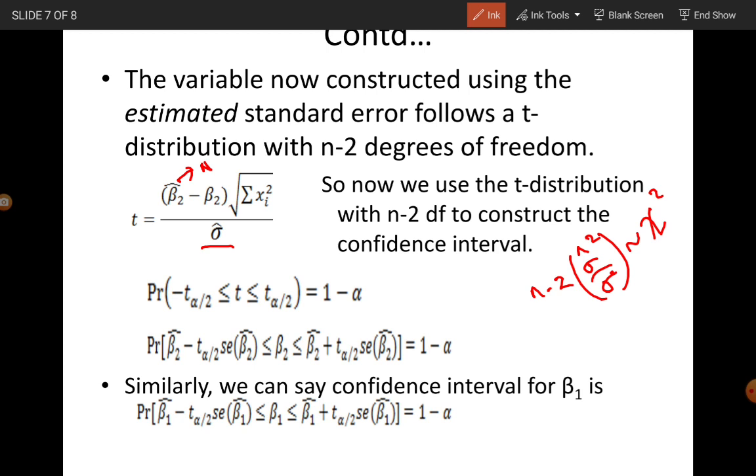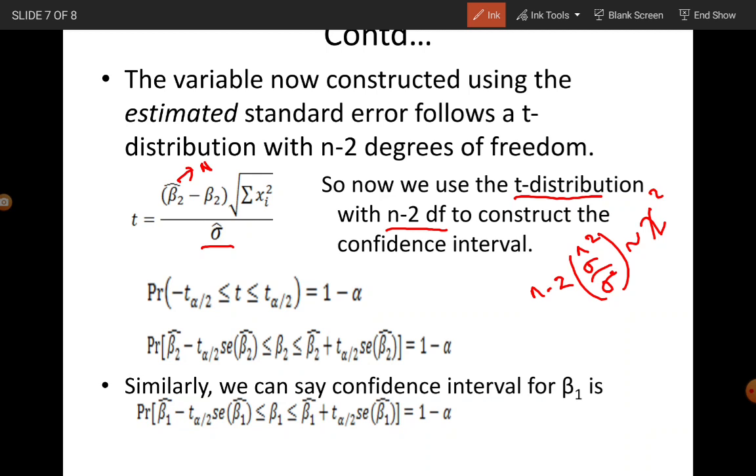So you can just understand that because we do not know population sigma square, we are forced to use the sample sigma hat square. So when you use the sample value sigma hat, the statistic that I have constructed follows t distribution with n minus 2 degrees of freedom. Okay. How do I construct a confidence interval for this?